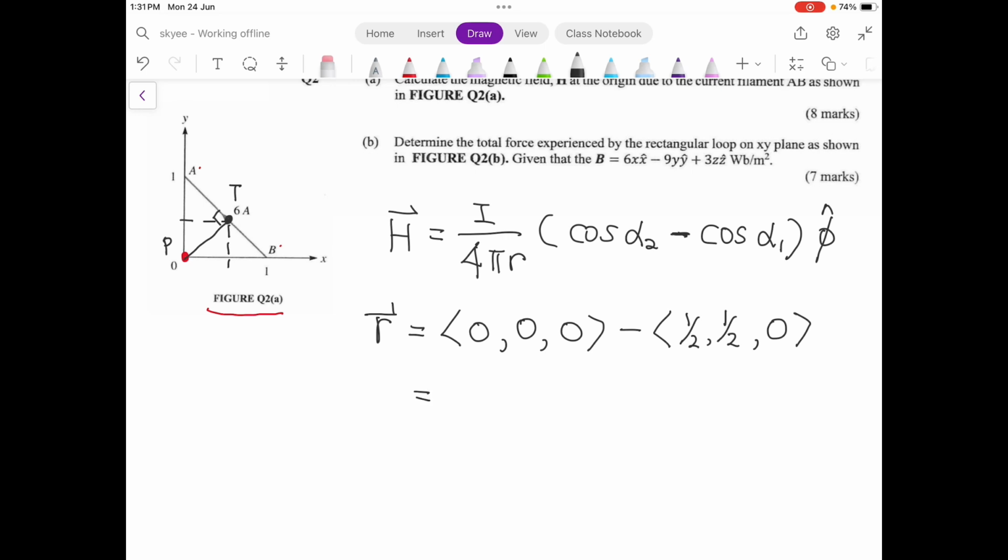So the answer will be minus 1/2, minus 1/2 and 0.